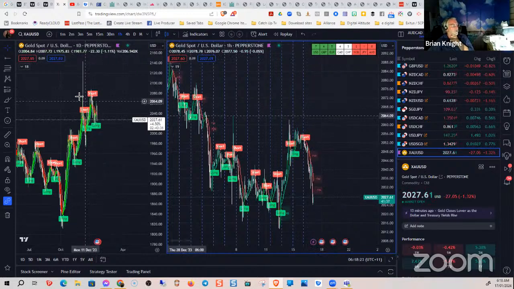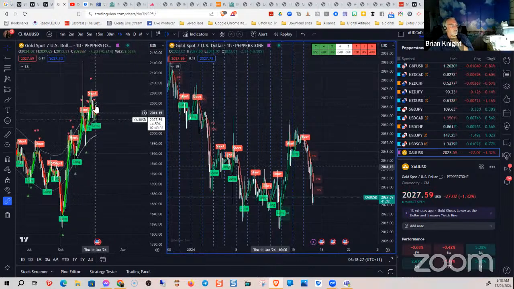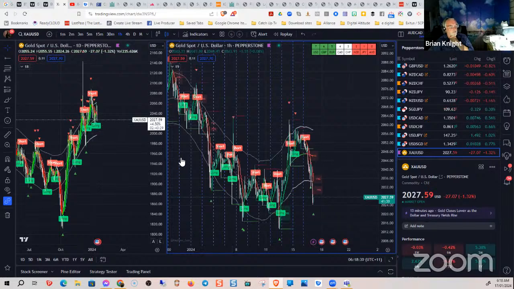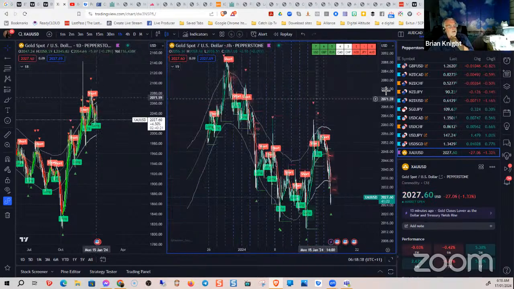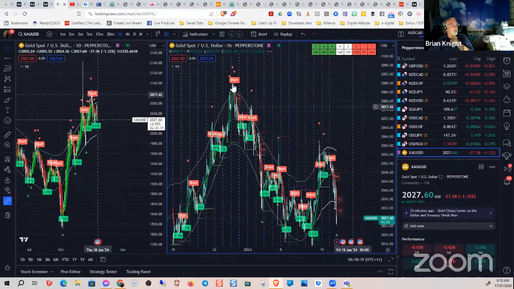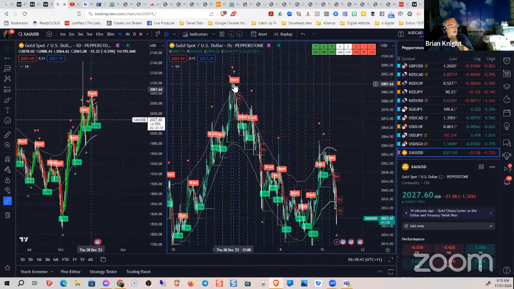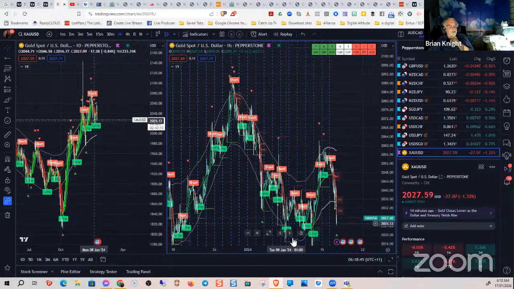I think it's turning because we've got lower highs here, and we've started to create. We haven't made a lower low yet, but lower highs will mean potentially it's on that move down. You can see from here, at the end of December, it started to pull down.